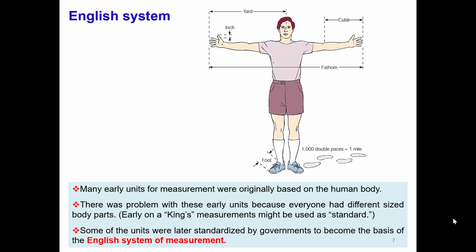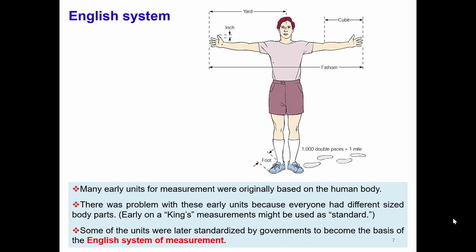There was a problem with the early units because they were based on the length of the foot or the thumb of the kings.